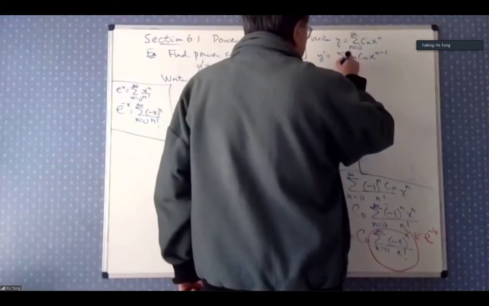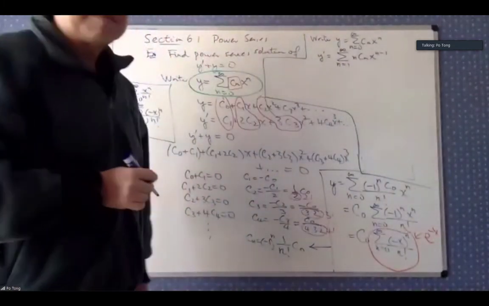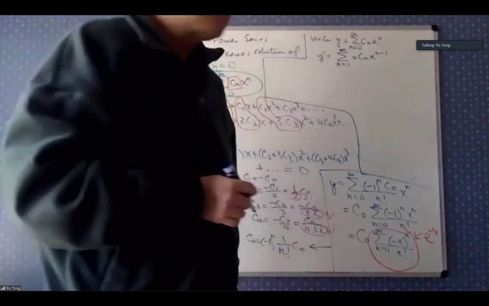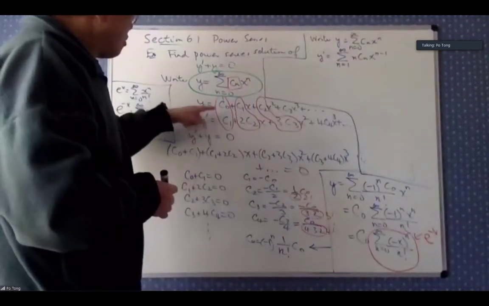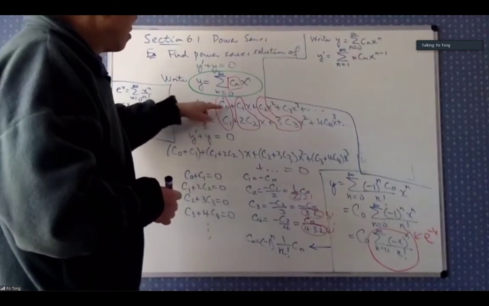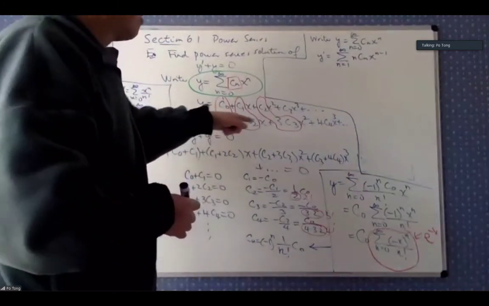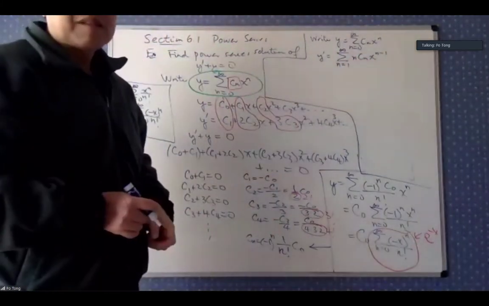Now, typically we start with 1 here, because when you do y prime, the constant term goes to 0. You can see it from here. When you take the derivative, the constant term does go to 0. So now we start out with 1 times C1. Is it okay?